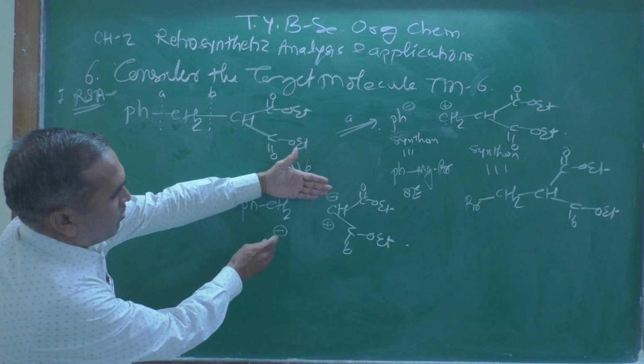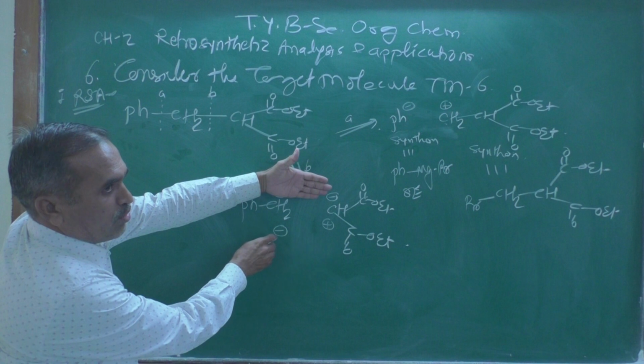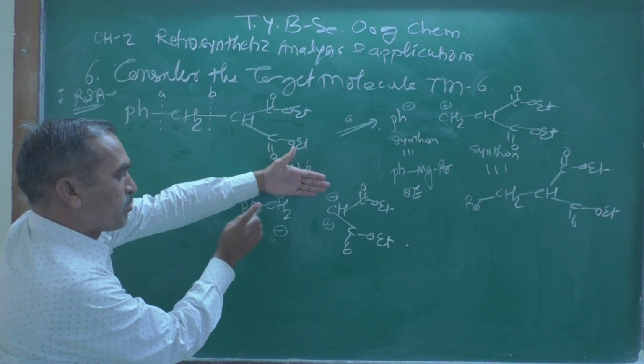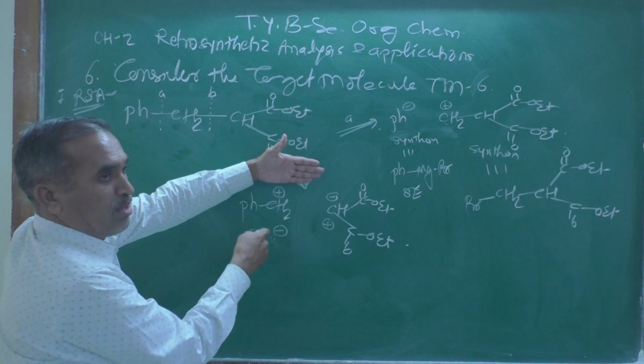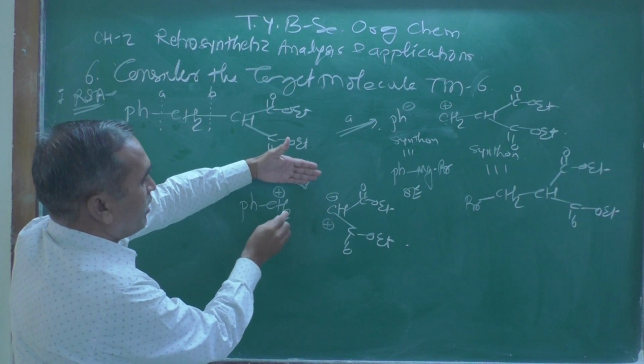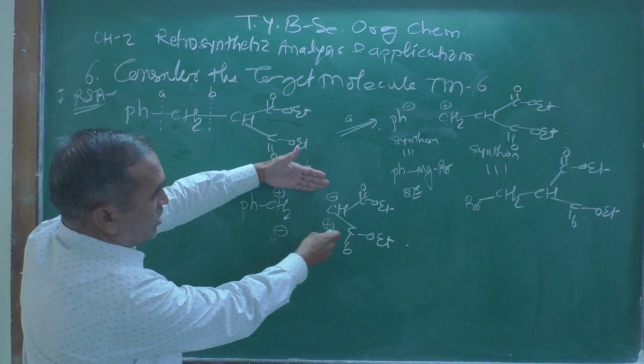Here, for the negative charge, you can maintain the polarity by attaching a magnesium metal and the Br, a Grignard reagent.